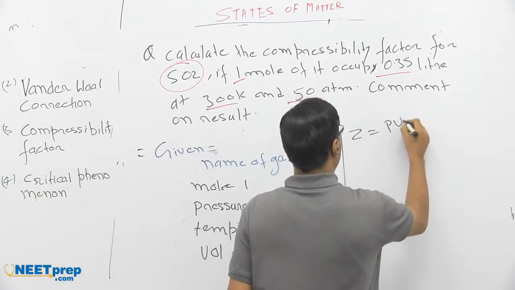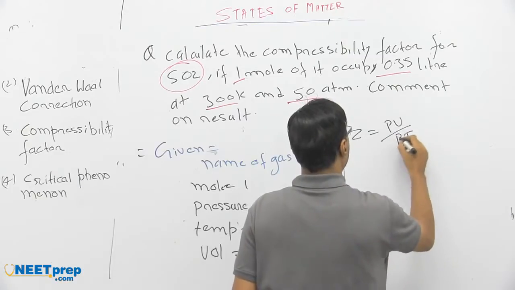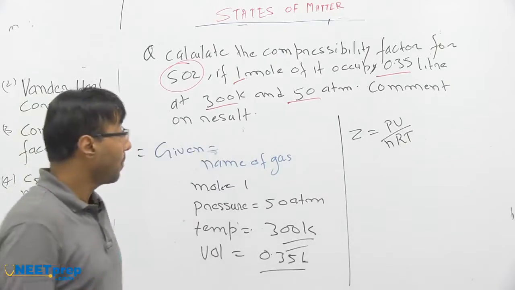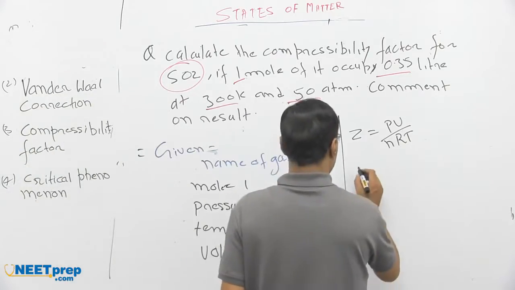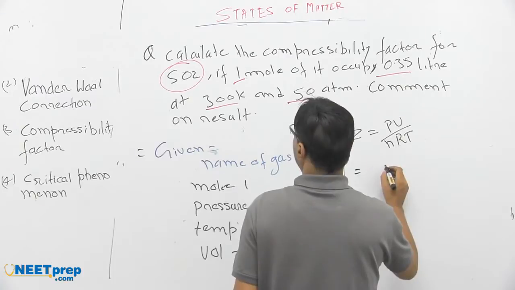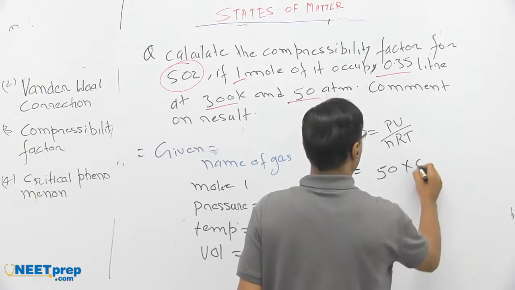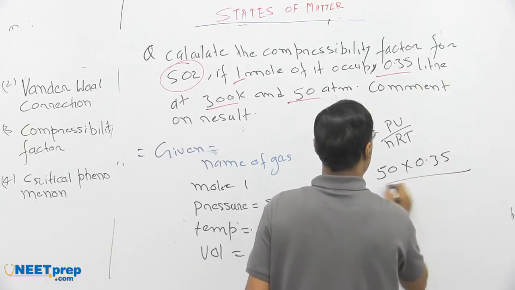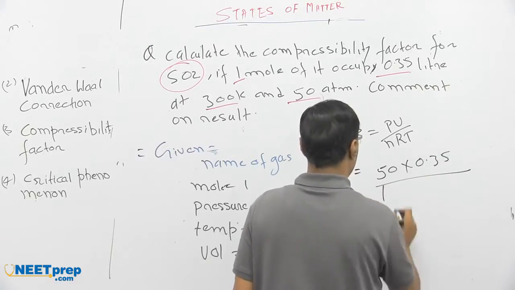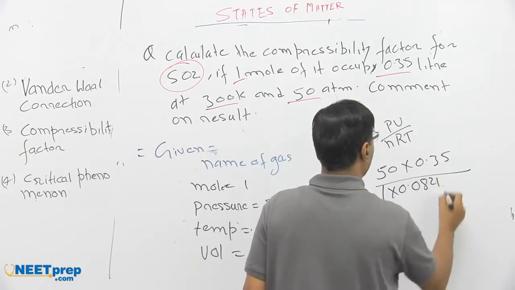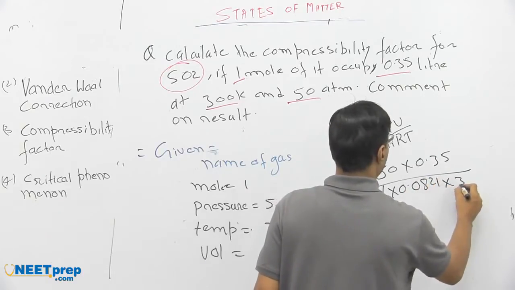Z is equal to PV by nRT. So what is P? P is equal to 50 atm, volume is equal to 0.35 liter, n is equal to 1, R we have to take 0.0821, and temperature is 300 Kelvin.